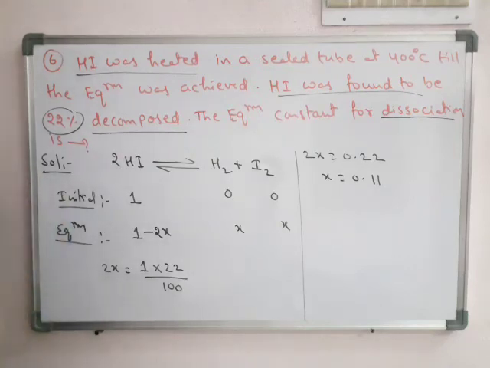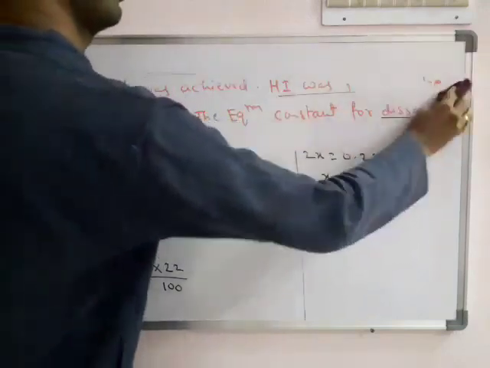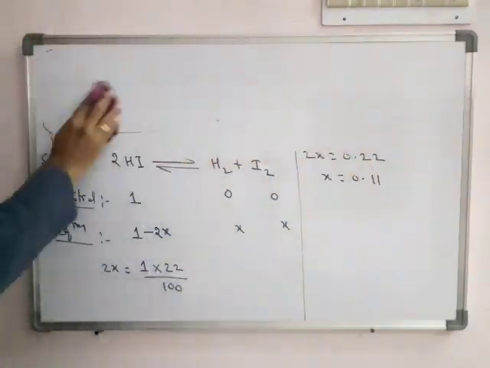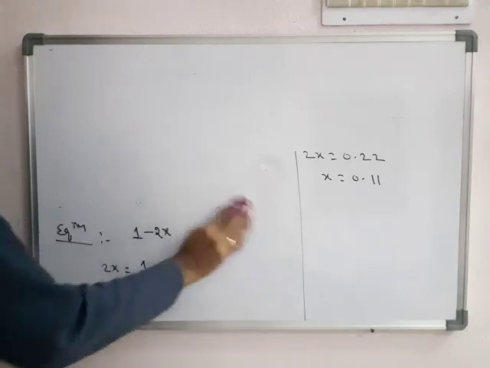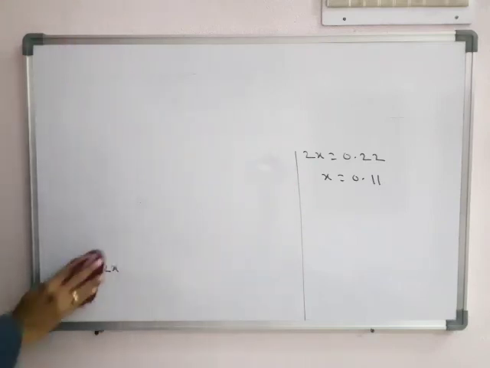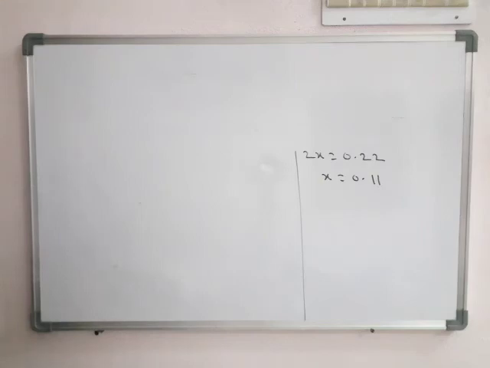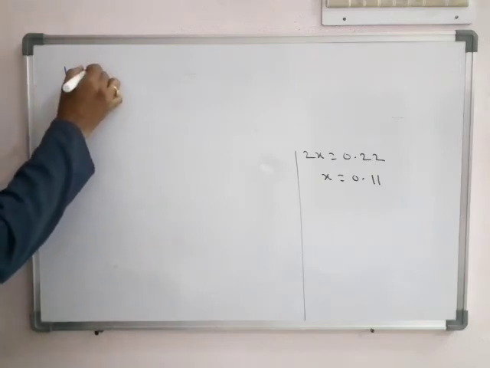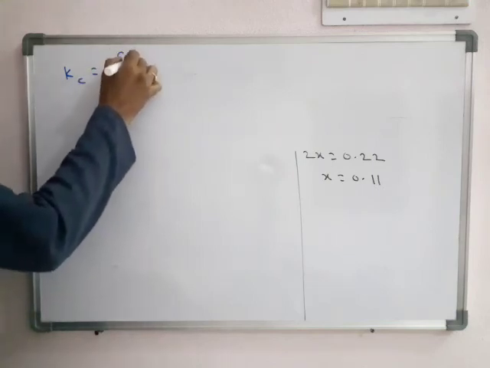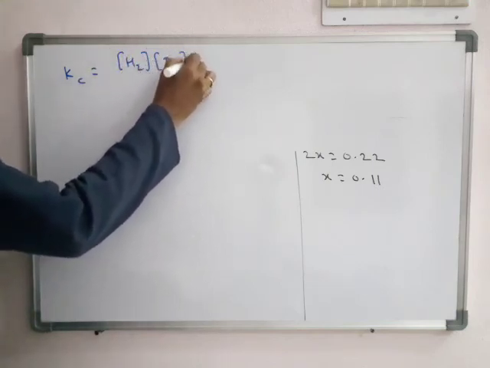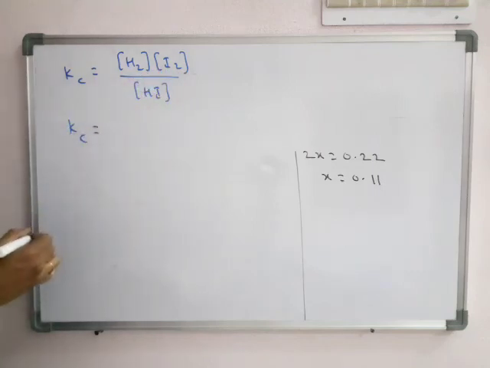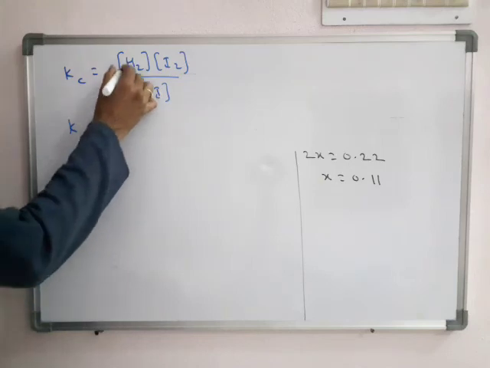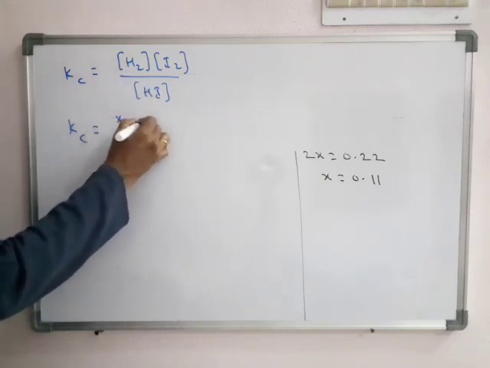Now with the help of this we are able to calculate the Kc. So since it is dissociation, we can write the Kc, or we can write K, the products H2 I2 by HI concentration. Therefore Kc is equal to x into x.